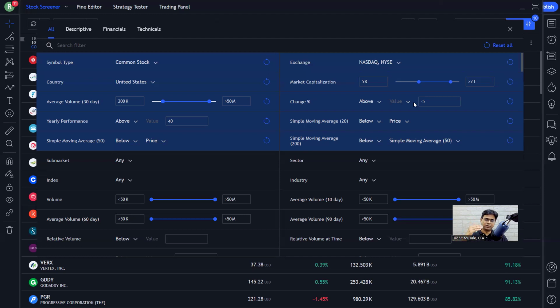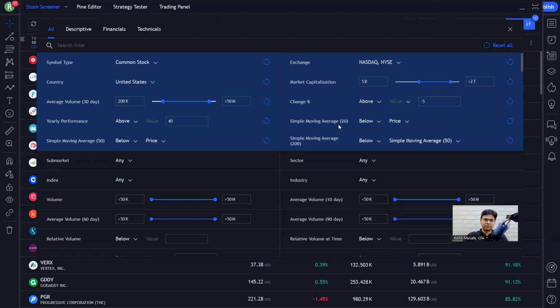So any stock which has crashed more than 5% should not be in your watch list. So the percentage change should be above -5. It could be -1, -2, -3, -4. Okay, that is acceptable.